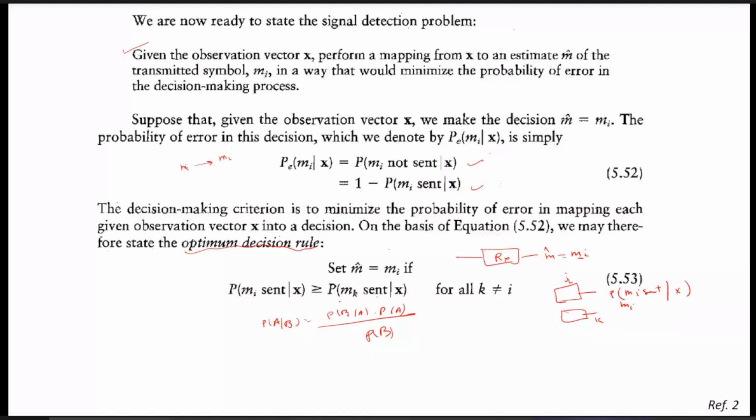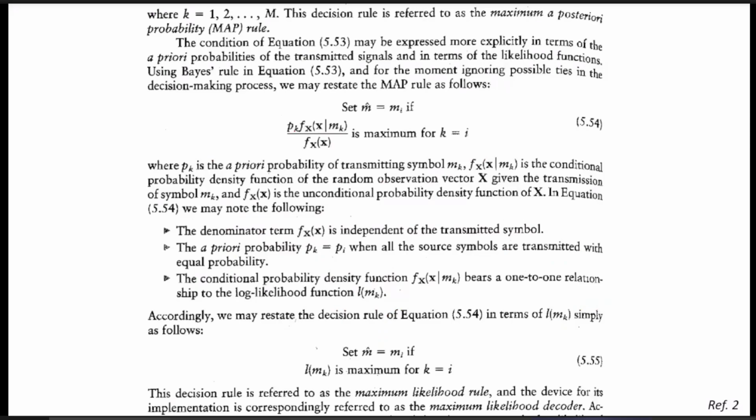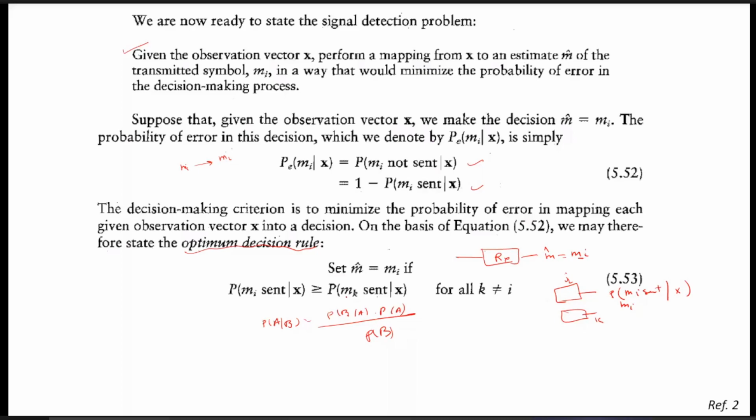It means that we want to find the maximum value of this probability, which is pk, because we can write it as the probability of mk times the probability of x given mk, divided by the probability of x.